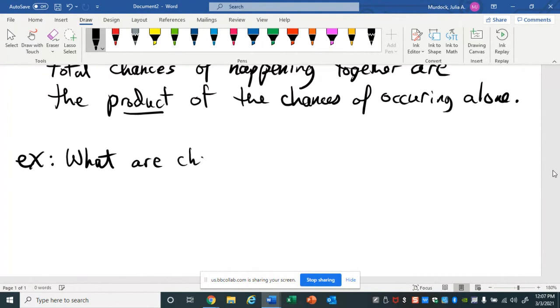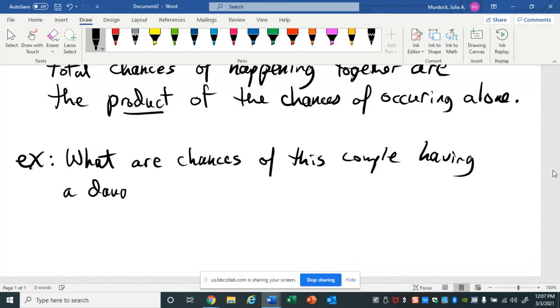What are the chances of this couple having a daughter with blonde hair? There.